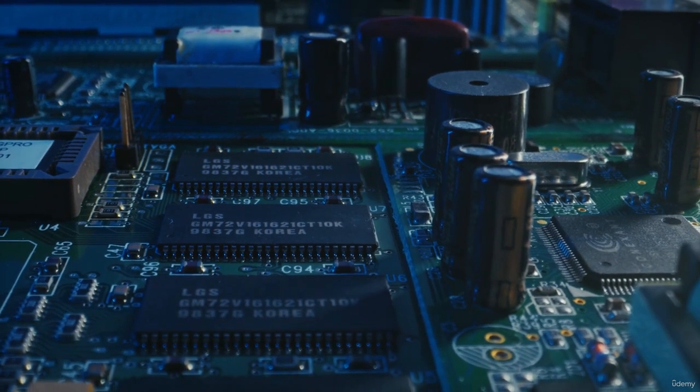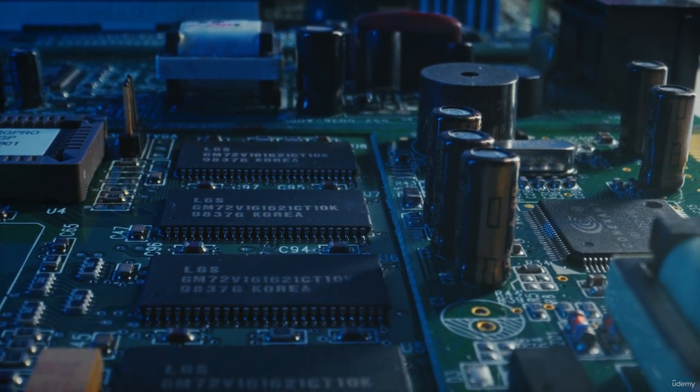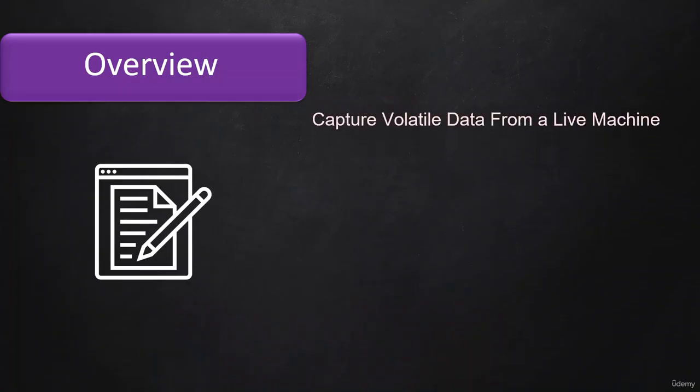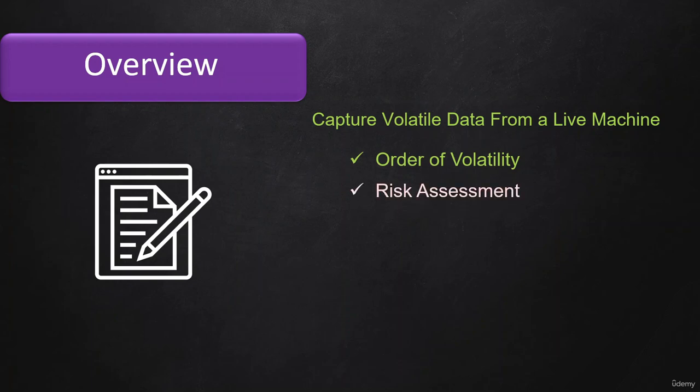Now coming up in this module, we will be talking first and foremost about capturing volatile data from a live machine. Initially we are going to take a look at some of the points that we need to consider before capturing the RAM, such as the order of volatility and the risk assessment that we would need to understand when we are dealing with a live forensic situation.